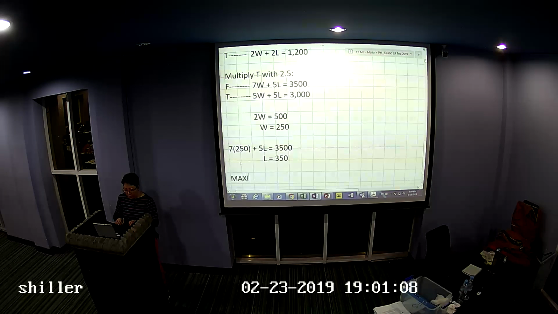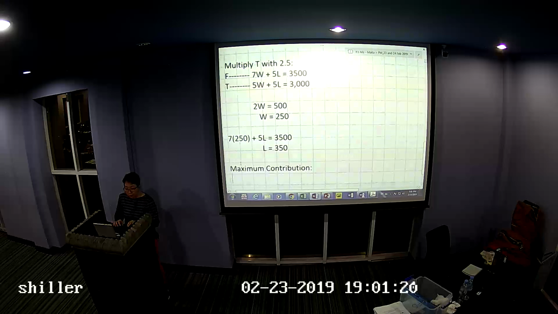So, maximum contribution would be what? What is the formula again? C is equal to 48W plus 40L. Is that correct? Yeah.